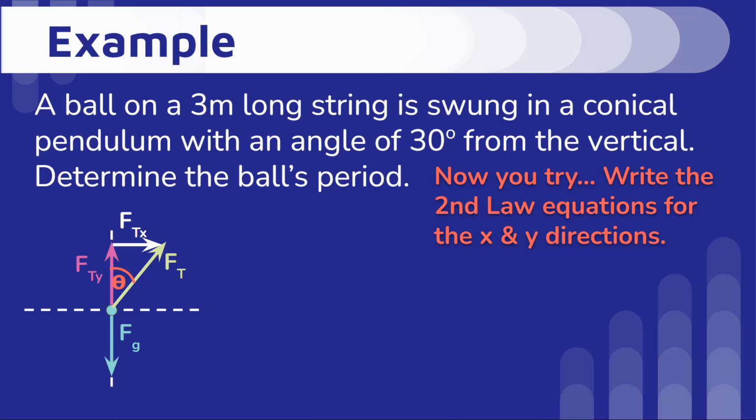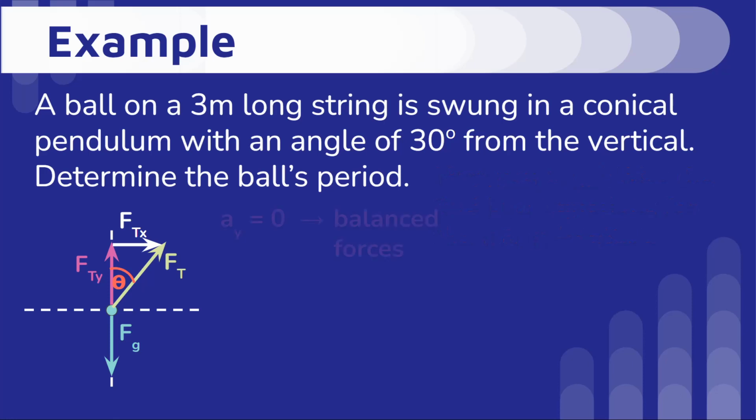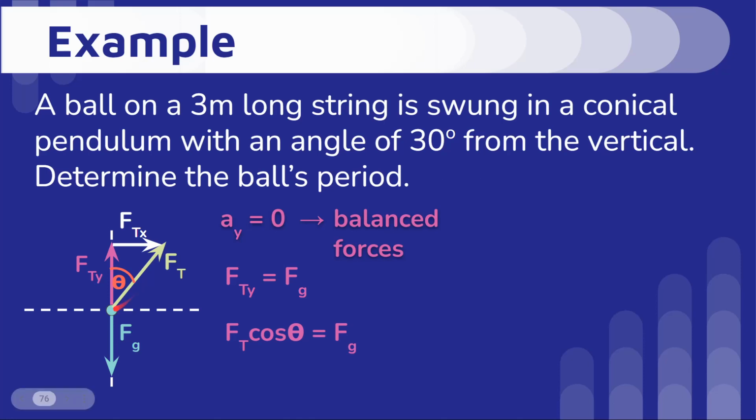Let's start there. Balanced. Okay, so in the y direction, I know that I have 0 acceleration because I have balanced forces, and that means that Ft in the y direction, my y component, is equal to Fg. I'll start with Fty. I know that that's Ft cosine theta here.